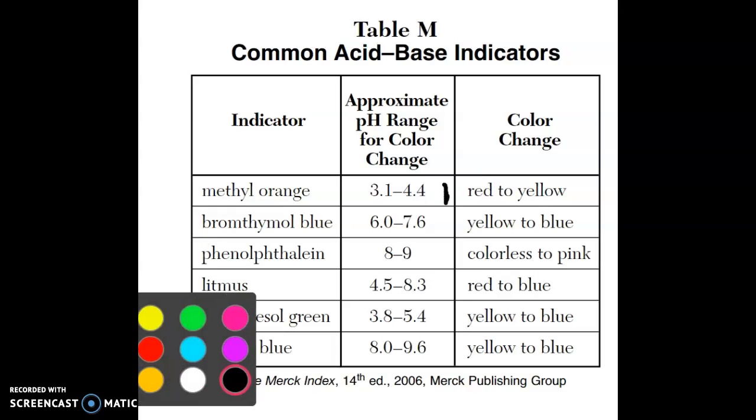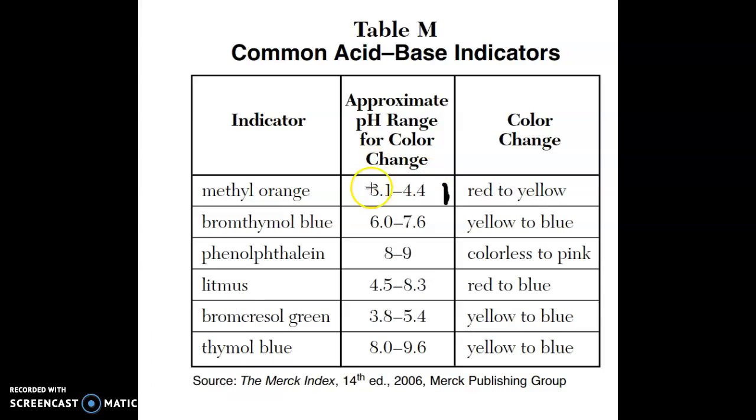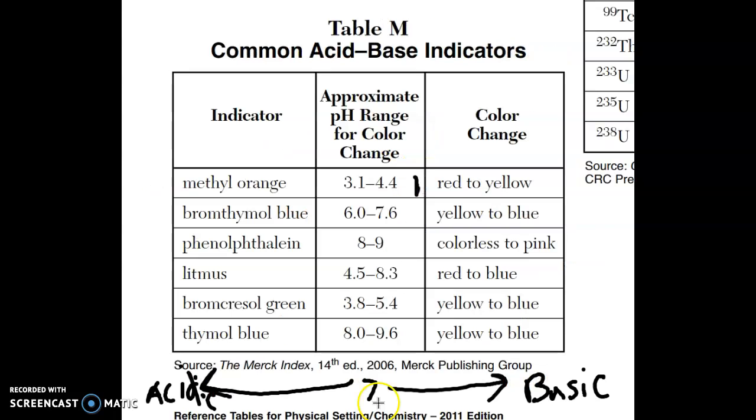You are over here. Let's say you are going to be on the right side of a pH of 7. So you're all the way on the basic side, whereas a pH of 4.4 is on the acidic side. If you're all the way over here, the solution is going to look yellow.